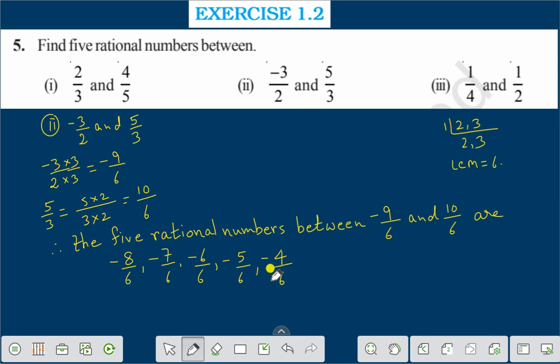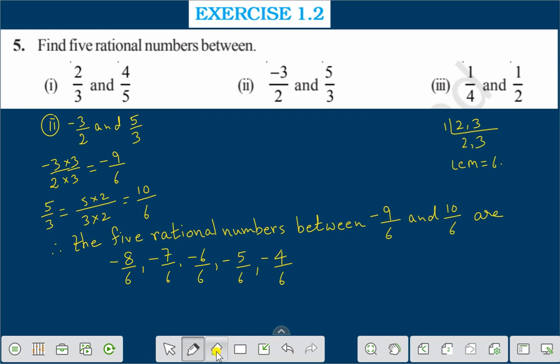Therefore, the 5 rational numbers between minus 9 by 6 and 10 by 6 are minus 8 by 6, minus 7 by 6, minus 6 by 6, minus 5 by 6, minus 4 by 6, right? Now we will solve question number 3.